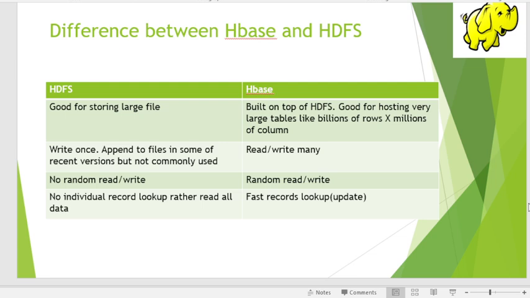In HBase, you can read and write many times. In HDFS, no random read and write, while in HBase, random read and write are possible. In HDFS, no individual record lookup, rather it will read all the data, and in HBase, fast record lookup is possible.